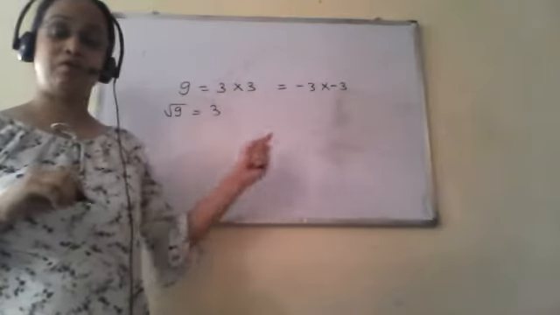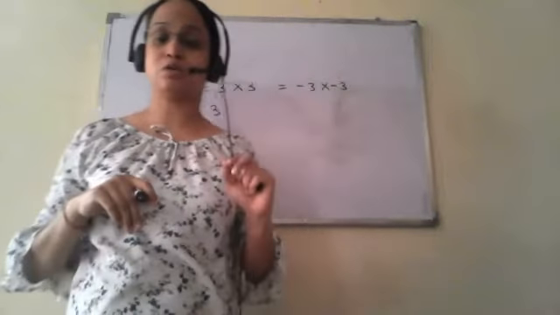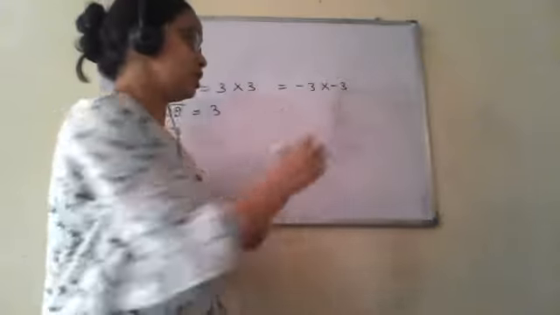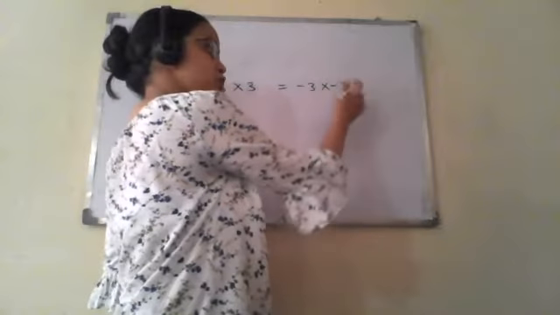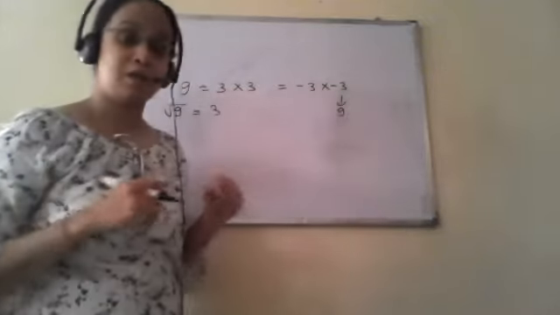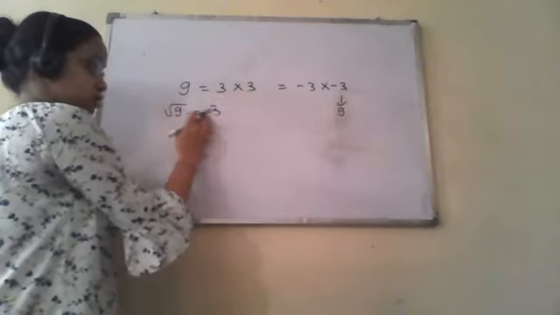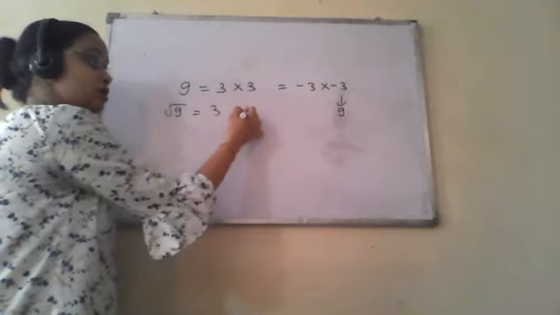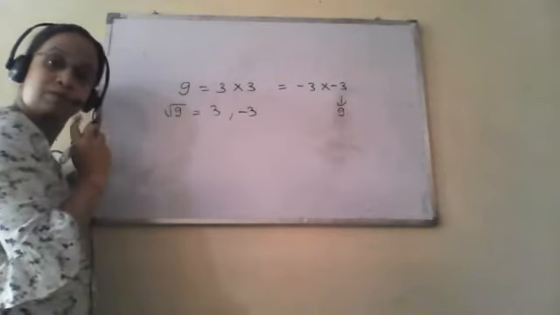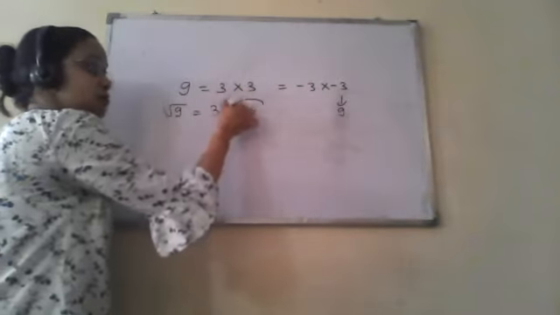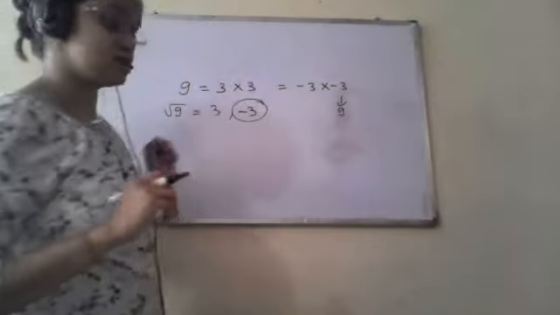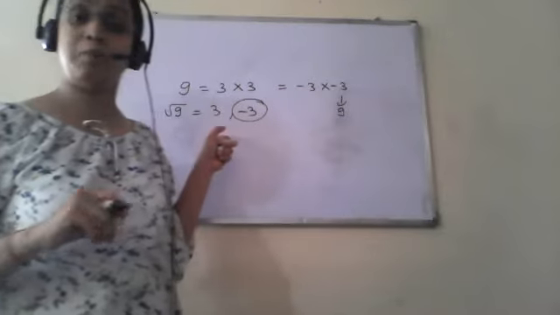As you are aware, when we multiply two negative numbers, the result is positive. That is, minus 3 into minus 3 will be 9. So two possibilities arise: the square root of 9 can be 3 or minus 3. Getting my point? But we are not considering negative integers, we are taking only the positive value.